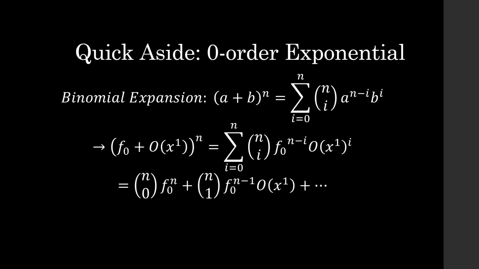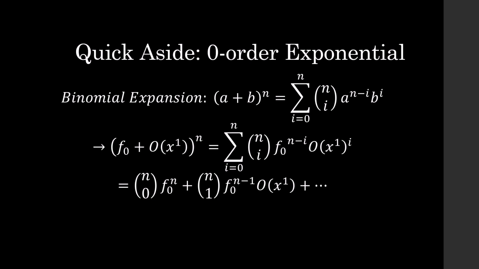We can then take out each of these terms. So we have the zero order term, n choose 0, f naught to the n, plus n choose 1, f naught to the n minus 1 times order of x, and so on and so forth.